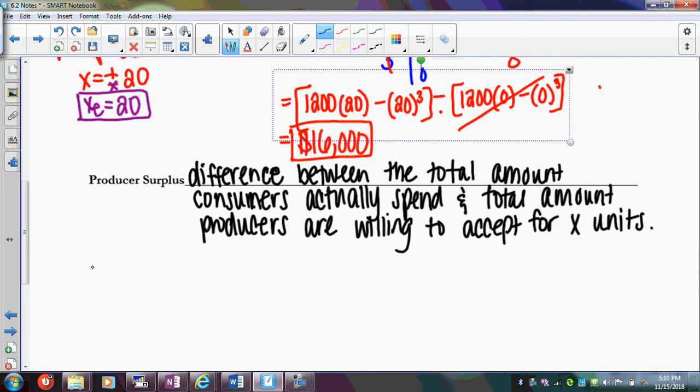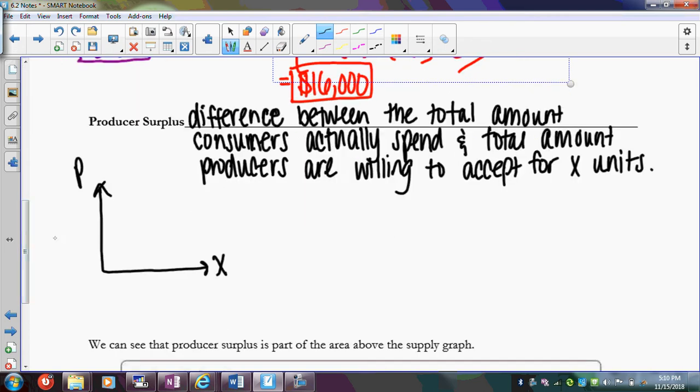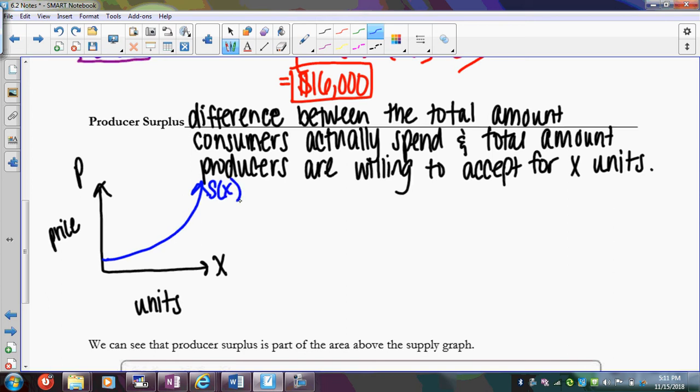let's go ahead and sketch our axes here. So this will be price, this will be the number of units, and this is going to be based on the supply. So if we sketch the supply function here, that's increasing.